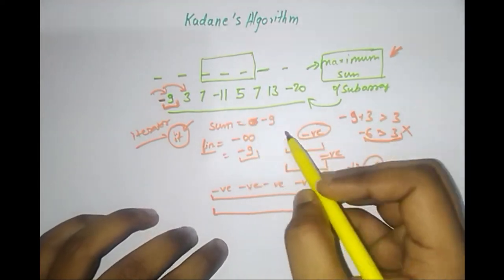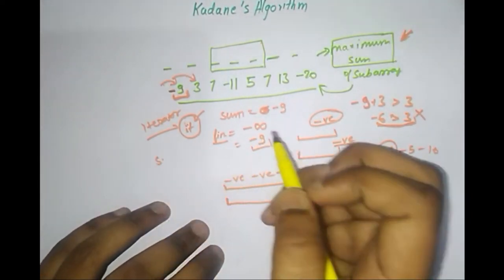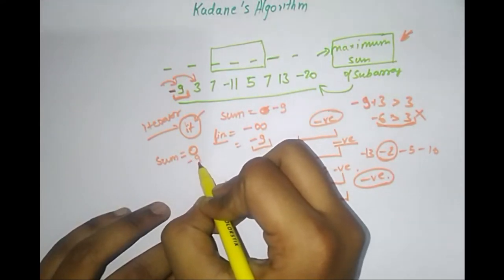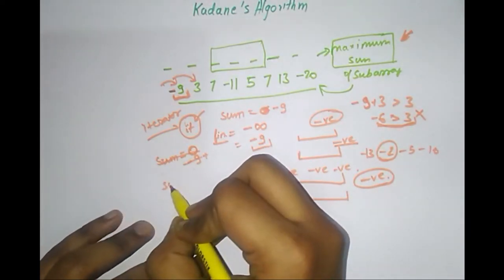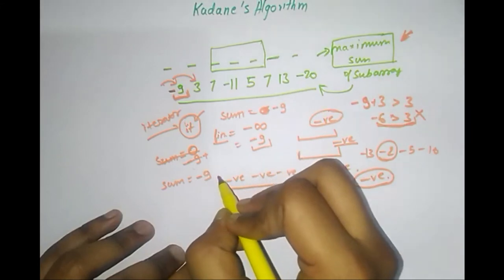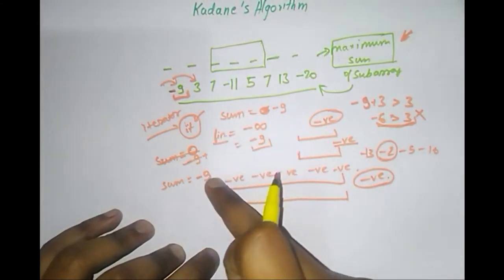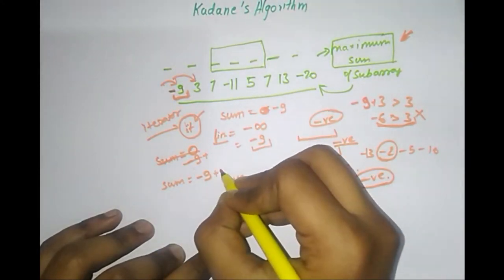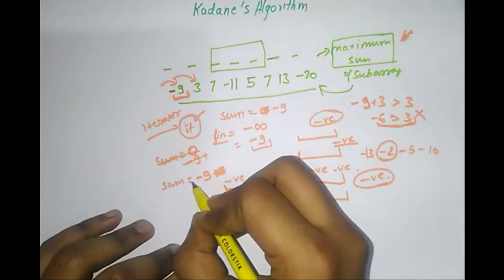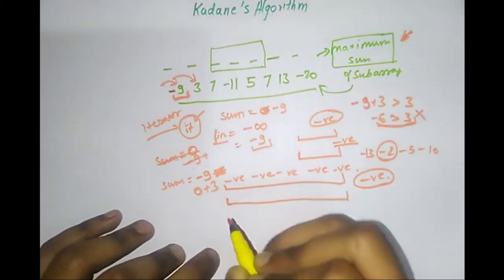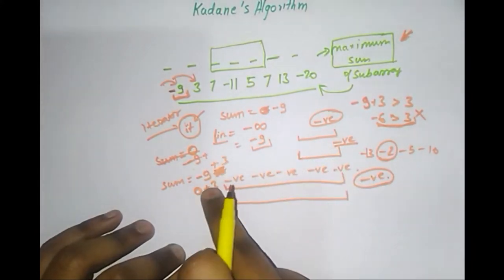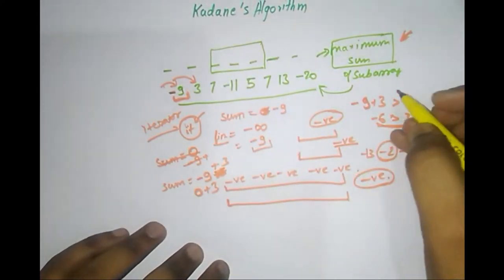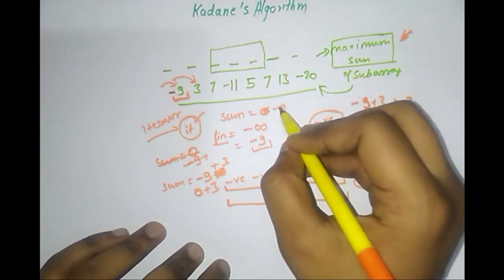So what we are going to do is put sum as 0 instead of -9. Earlier sum was -9, so for putting the value of 3 here instead of -9 plus 3, we are replacing -9 with 0 plus 3. So 0 plus 3.